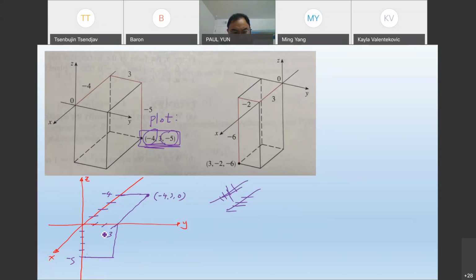This point is (0, 3, 0), right? Going down 5, this guy is (0, 3, -5). Then you have to go backward by negative 4. If this is negative 5, then this should be negative 5 too, to create a 3D effect. So (-4, 3, -5). Here we go. Any questions?